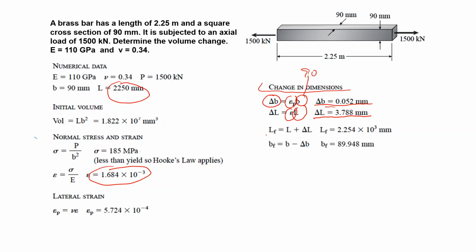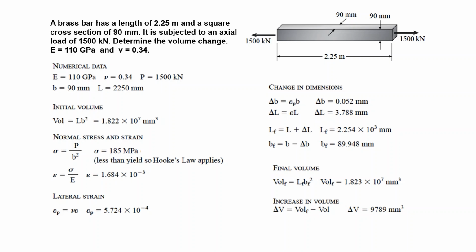So the new length will be this plus this. So it will be in millimeters 2.254 10 to the 3 millimeter. So the new width will be 90 minus delta B. That is less than 90. So we have the new dimensions.